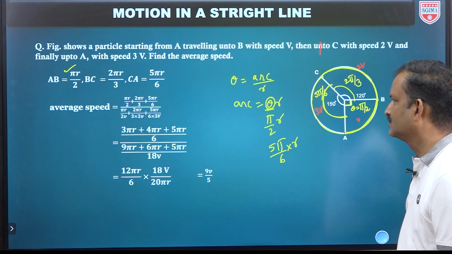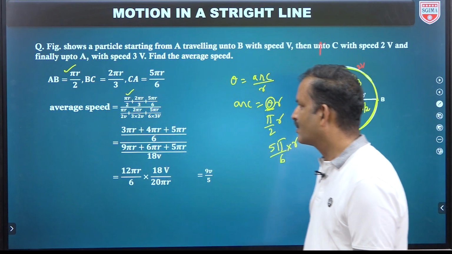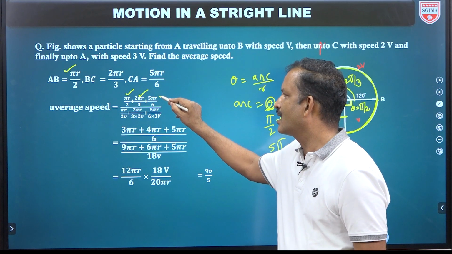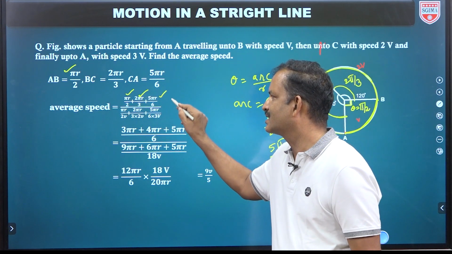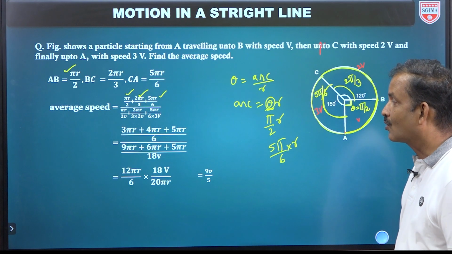Now we got the arc lengths: pi r by 2, 2 pi r by 3, 5 pi r by 6. This is the total distance, divided by total time.